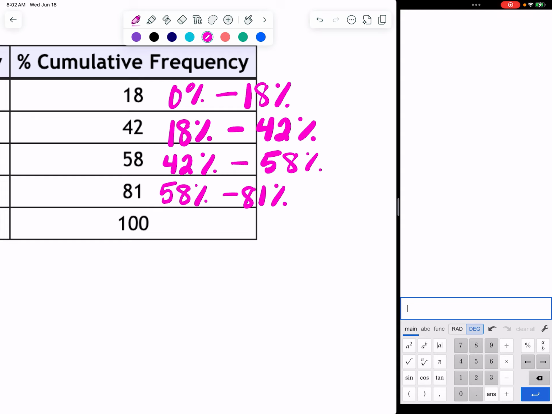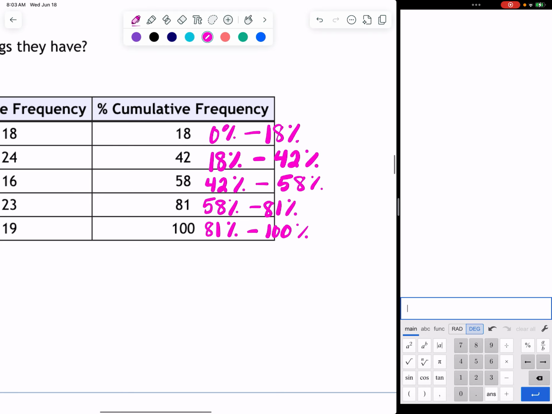And my last class starts at 81 and goes to 100%. So the cumulative relative frequency isn't just the numbers you see on the table. It's a whole range of numbers that you have to consider.